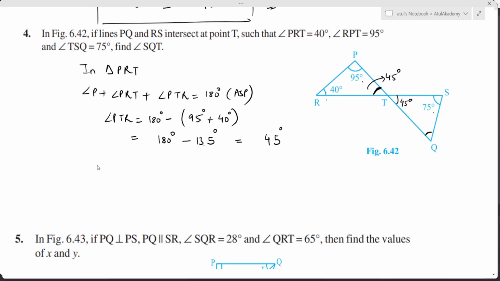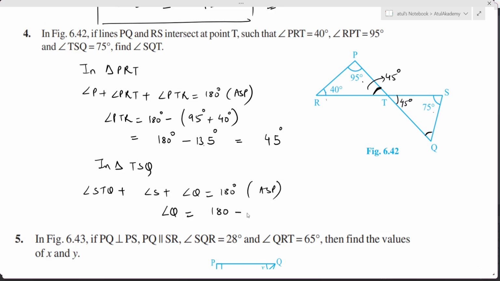Okay, now I'll go to triangle TSQ. Here also angle STQ plus angle S plus angle Q is 180 degrees, angle sum property. I'm using the angle sum property, not the exterior angle property. That would have been a shorter and easier way otherwise, but for most students, the first thing that comes to mind is always the angle sum property, so I'm using that only.